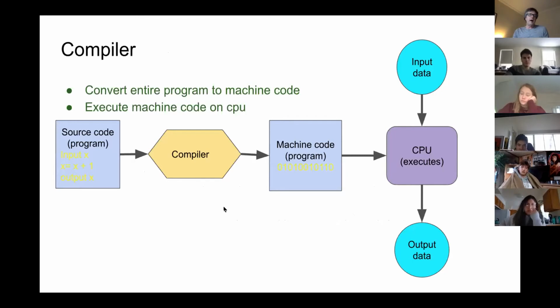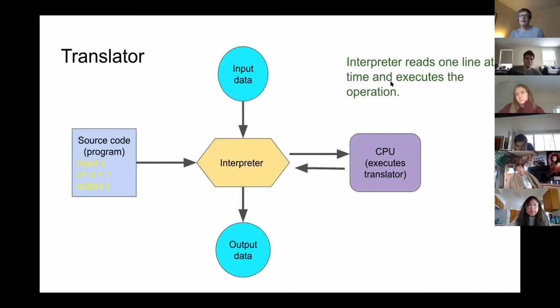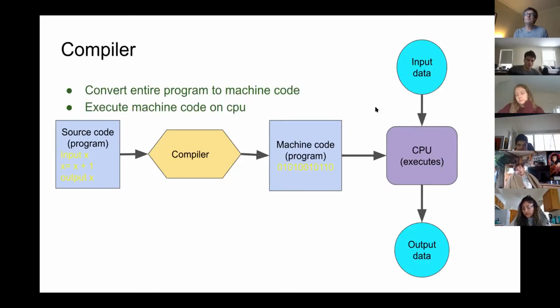So when we use a compiler, there's this process where we have our code that we write, that humans write, that humans understand. We run it through a compiler, which translates it into machine code, which is horrible to look at. That is loaded into the CPU of the computer, and then it can run.